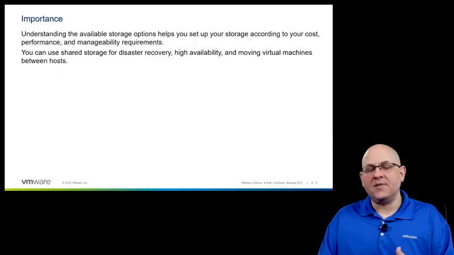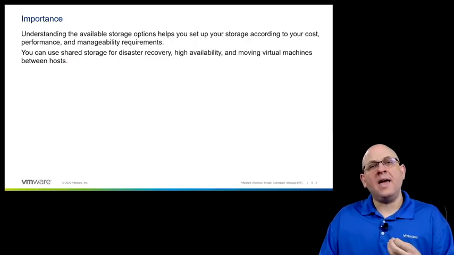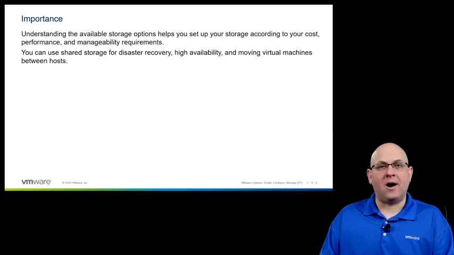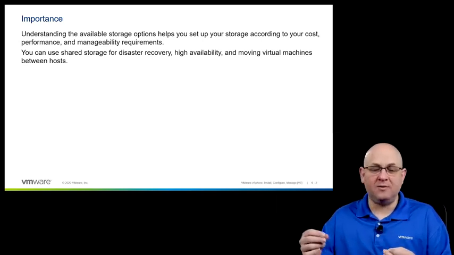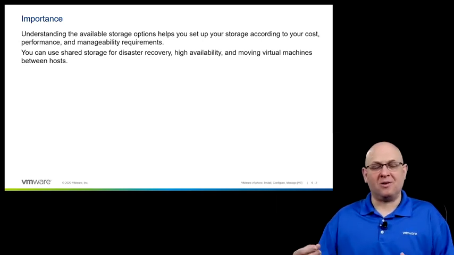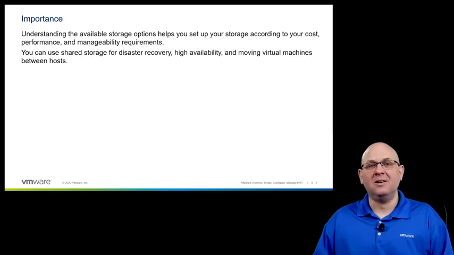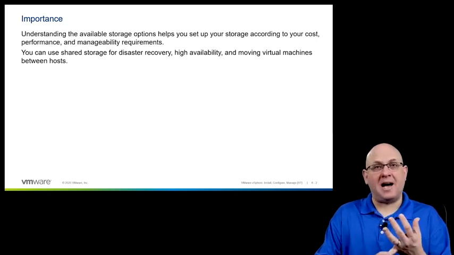The idea here is that we have some requirements now from our virtual machines. It's not just a place where virtual machine files can live. That's super important, probably the most important thing. But it's also, do we have the capacity?